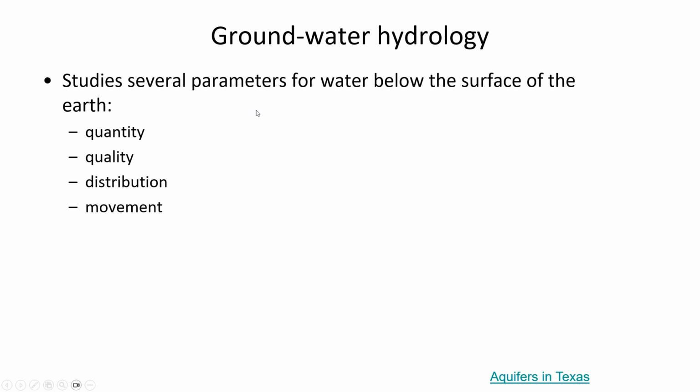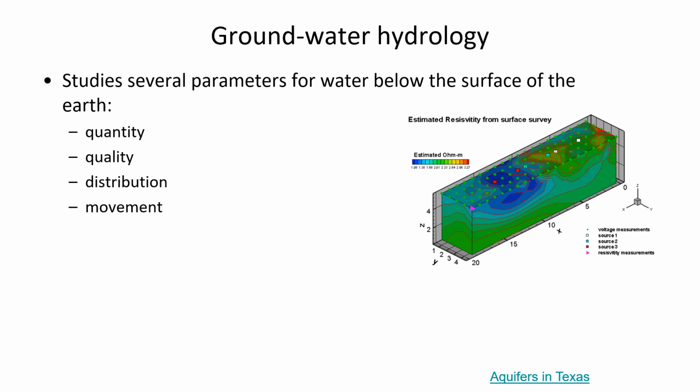Okay, so groundwater hydrology. We're going to spend the next couple of class periods talking about subsurface flow, and it could very easily be an entire course on its own. It's the study of water under the surface, both the amount, the quality, and the things that cause the movement of the water underground.